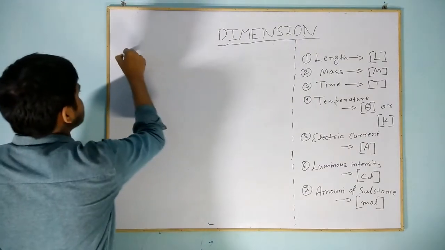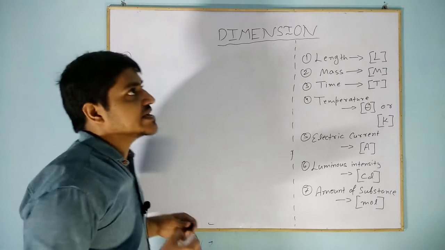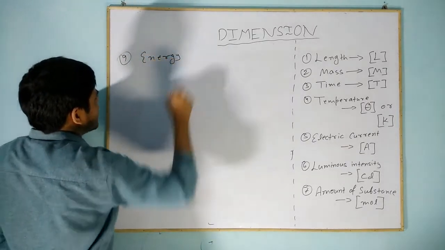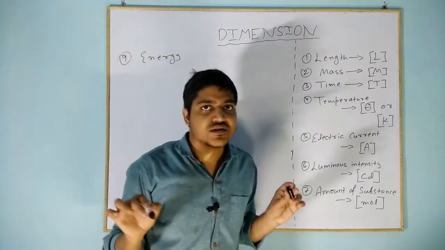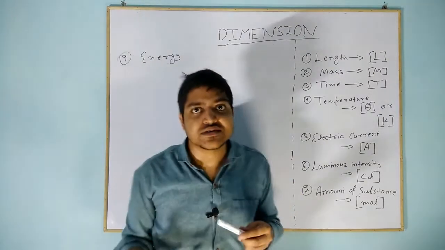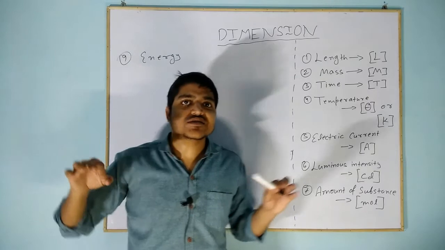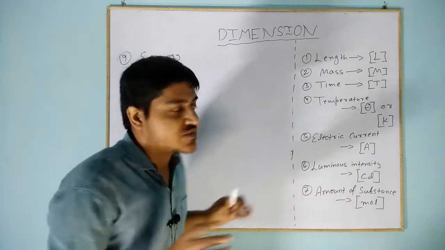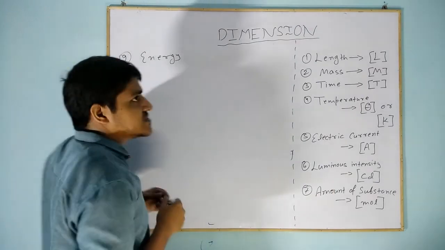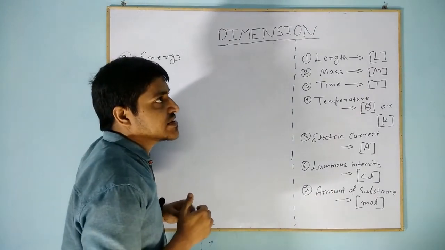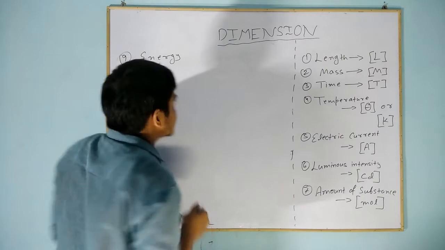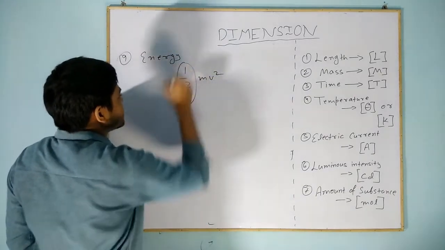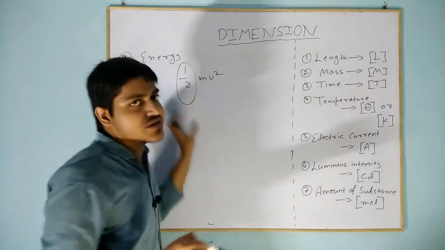Let's take energy. Just take any energy. It may be kinetic energy, it may be potential energy. Energy in all forms, as long as we are talking about energy, it would have the same dimension. So let's proceed by taking kinetic energy. The formula is half m v square. Half being a number has no dimension, it is a dimensionless quantity.